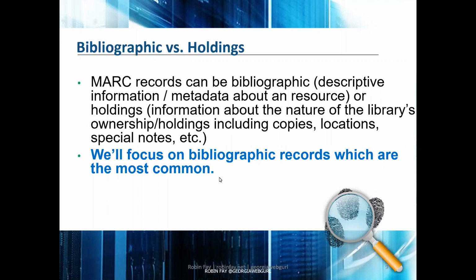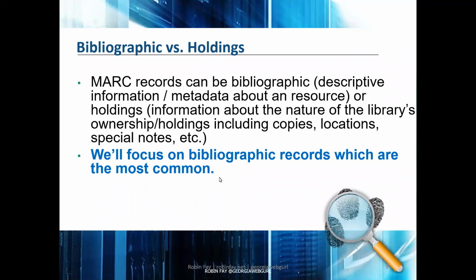On a more practical note, MARC records can be bibliographic. That means descriptive information or metadata. Metadata is data about data. Well, it is data about data, but for our purposes, we deal with descriptive information, what the item is about, so that's the bibliographic part of it, or MARC can be a holdings record.